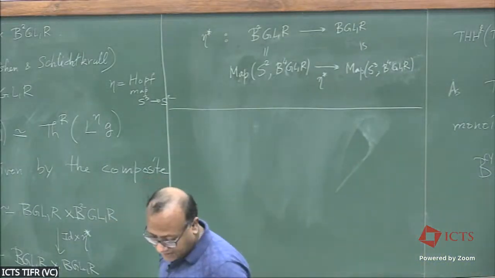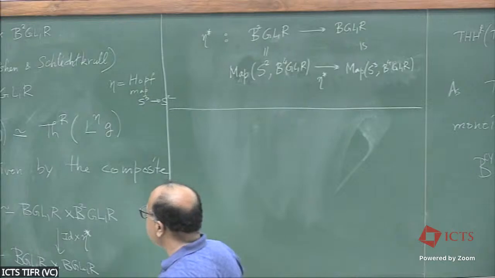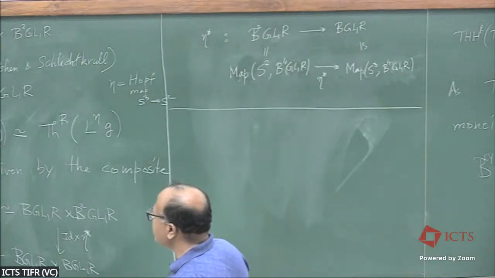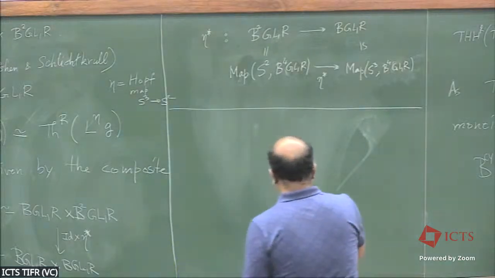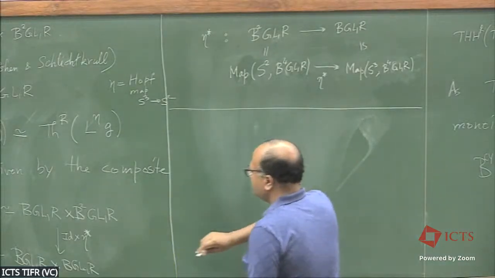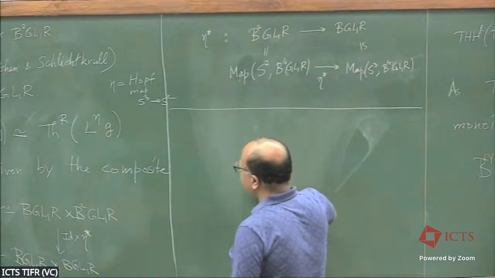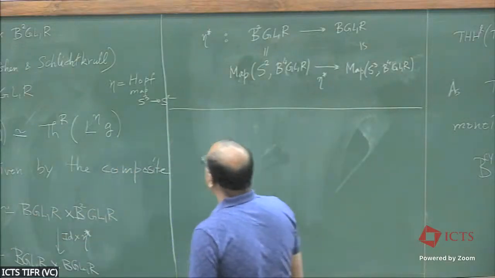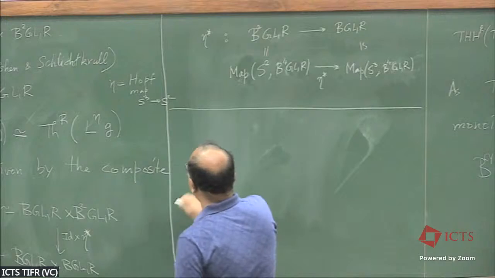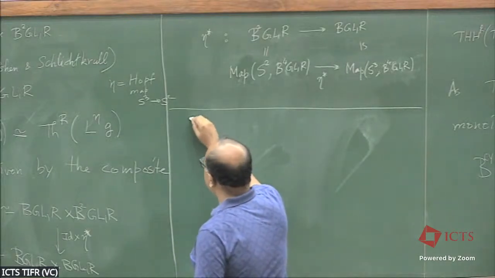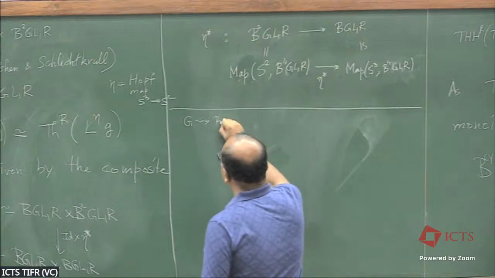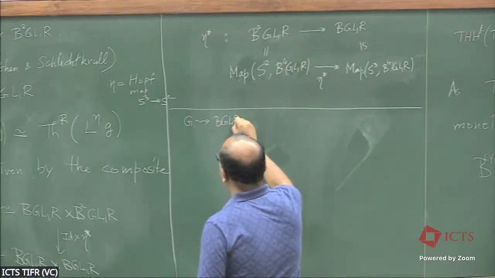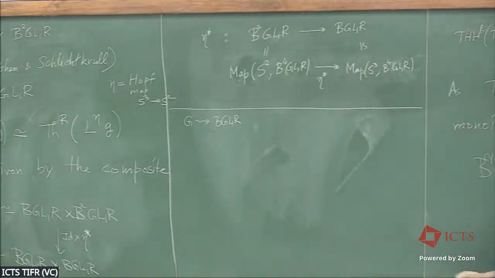So you have to go back to the equivalence of the cyclic bar construction with L. So remember, instead of writing, we will write G to denote BGL1R, because otherwise the notation is going to get a bit complicated.